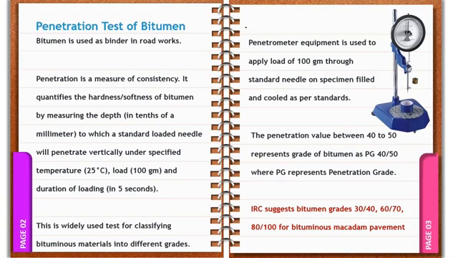As per the IS code guidelines, a weight of 100 gram is applied on a needle which is allowed to penetrate the standard filled, air cooled, water cooled bitumen sample for a duration of 5 seconds at a standard temperature of 25 degrees Celsius.